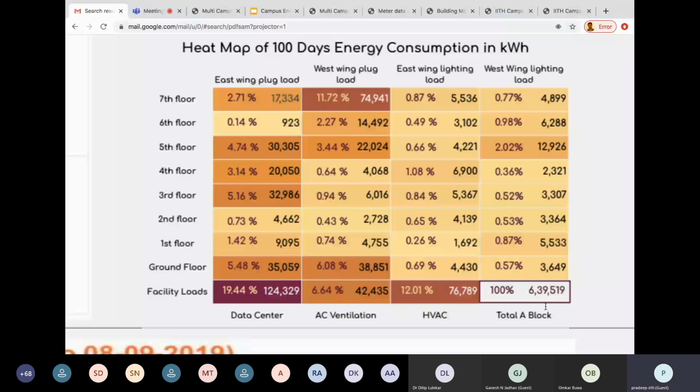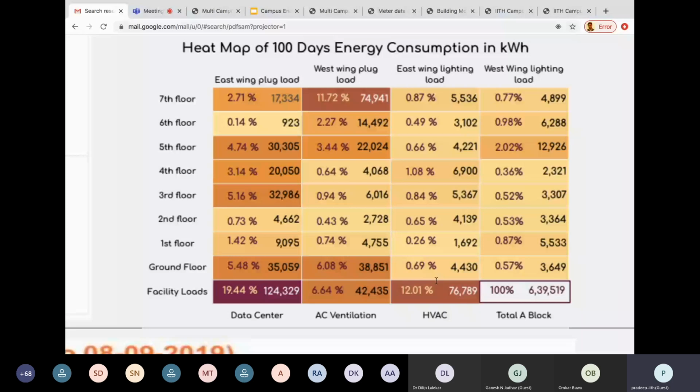If you divide by 100, you get an average daily consumption of about 6,300 or 6,400 units. That is the total consumption in that particular building. Now I'm interested in how much of the 100% is consumed where. Immediately you can see the heating, ventilation, air conditioning system taking 12% of energy. Now 6% is taken by the ventilation system.